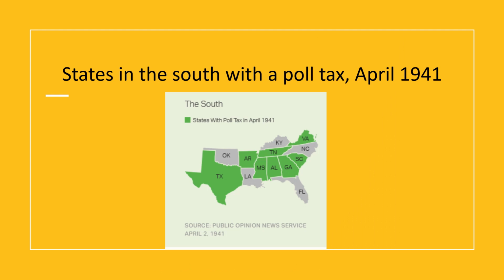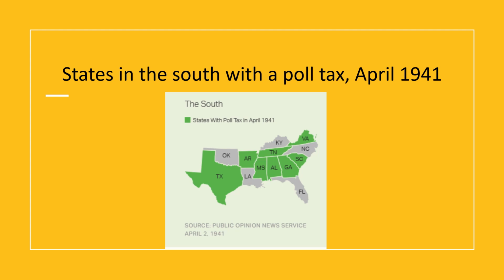Here we see a map of the southern United States showing which states had poll taxes as of April 1941. So this was then about 24 years before poll taxes were made to be unconstitutional.